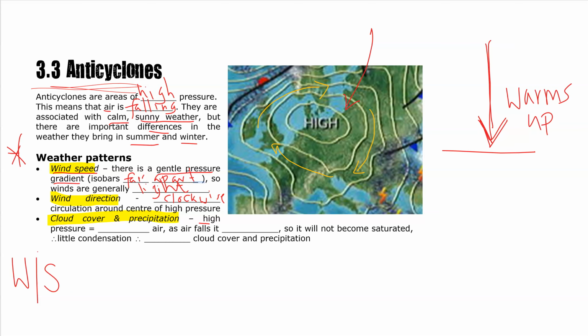So it's high pressure, that's falling air. As it falls, it warms, so it will not become saturated. There's little condensation and little or no cloud cover and precipitation that you find with this.